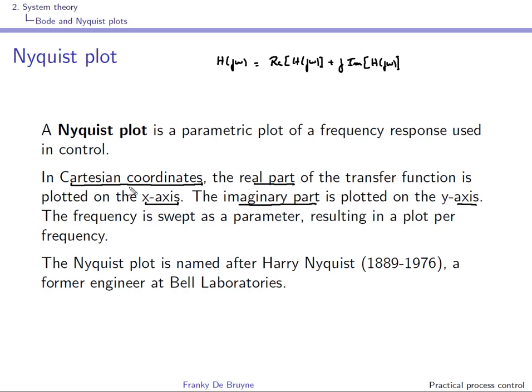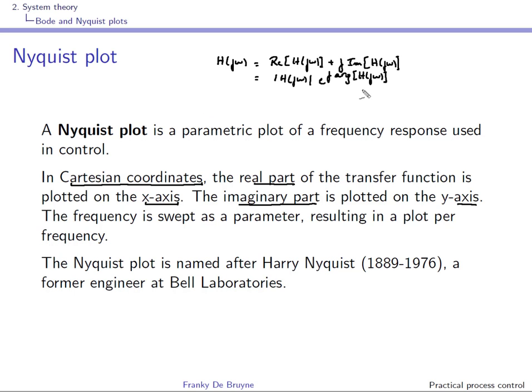Well, here you view the complex number. This is H(s) evaluated on the jω axis as a complex number in Cartesian form. You can also work with polar coordinates, and then you can write this complex number as the modulus of H(jω) times the exponential of j times the argument of H(jω).